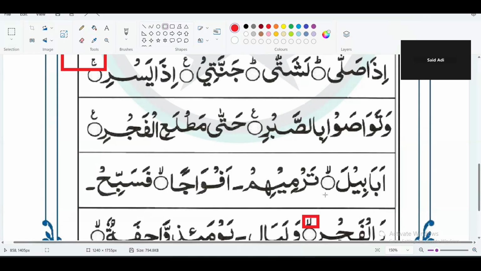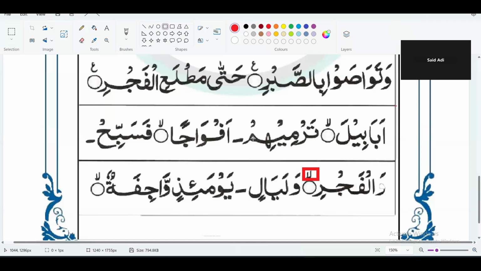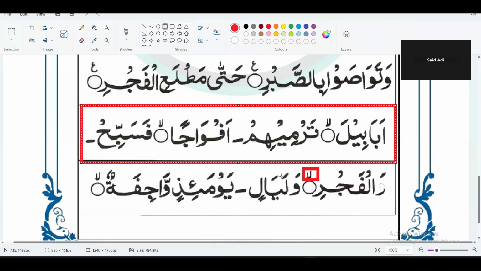our breath. We always have to read all of the ayats, all of the verses which we are reading, in one breath. Okay. So if you are reading these two verses, because in the mid of the ayat we have Lam Alif on top, you have to read these two verses in one breath. Also, the second verse has Lam Alif too, so you can join this verse as well.